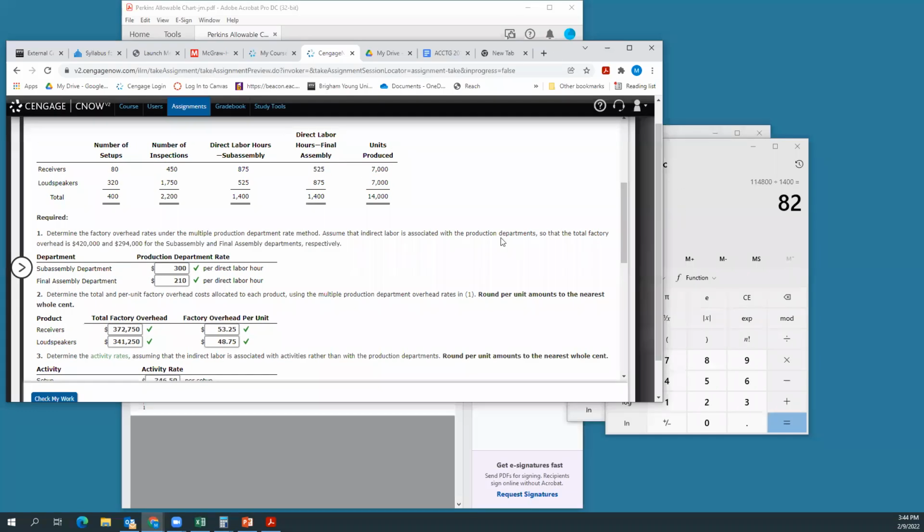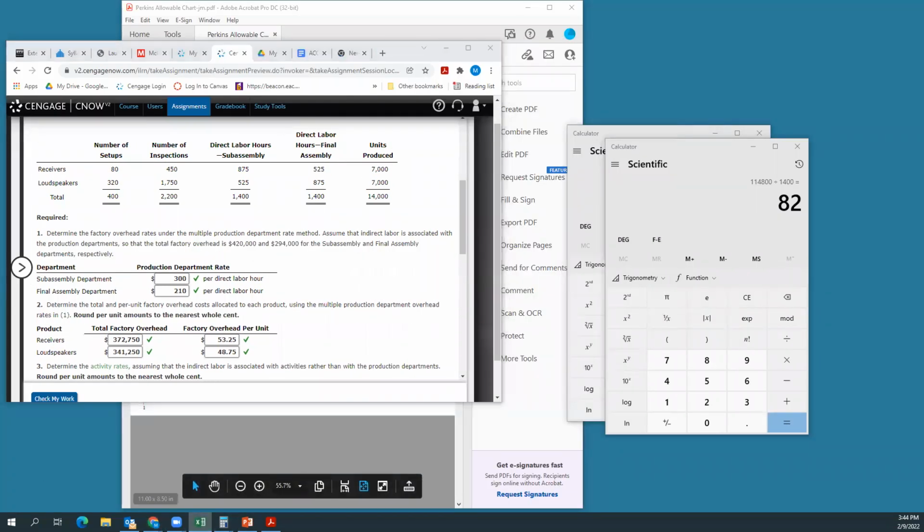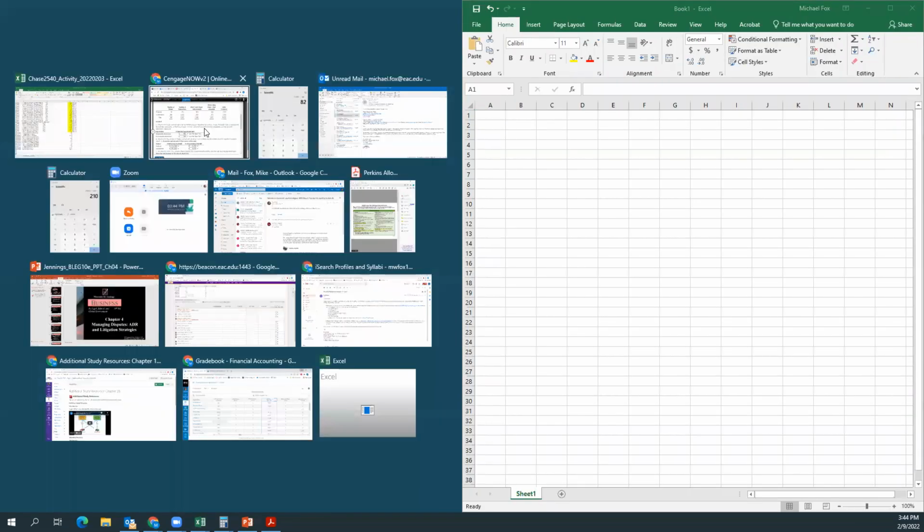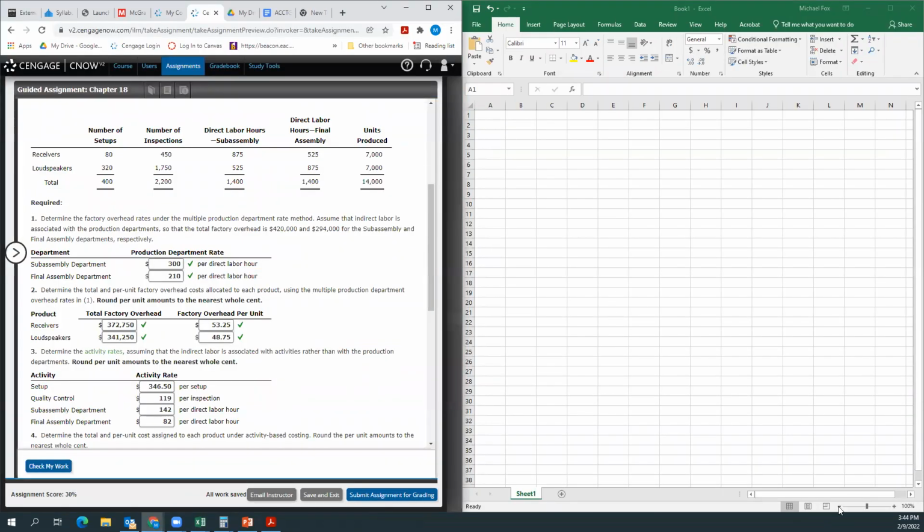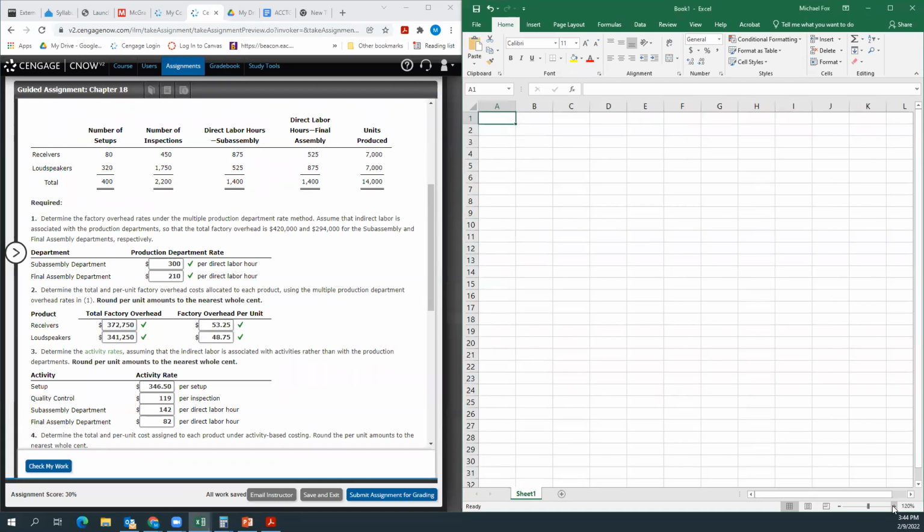I'm going to show you how I would do that. I'm sure some of you are very comfortable with Excel and others less so. So let me walk you through how I would do this if I was doing this for actual work. All right, so I've got my Excel spreadsheet.